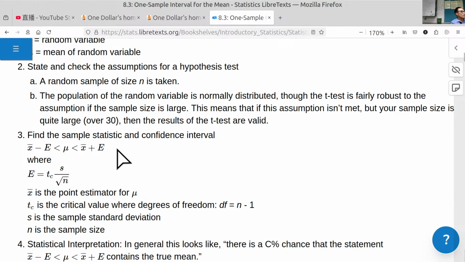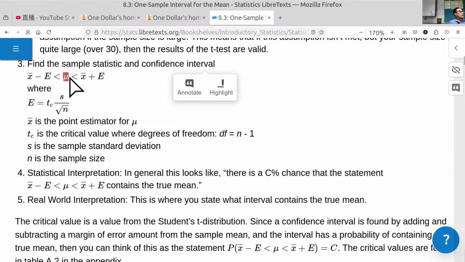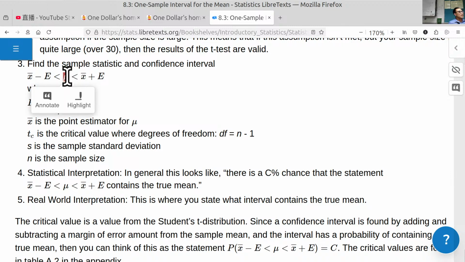And find the sample statistic and confidence interval. The population mean is in the center, and on the left limit there is sample mean minus E. On the right limit there is sample mean plus E, where E equals t_c times s divided by square root of n.